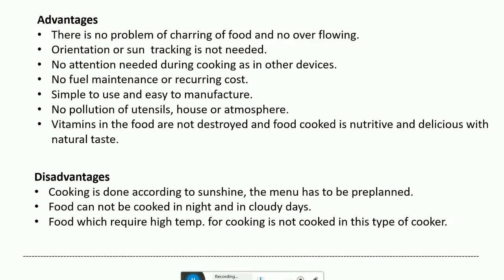Then cooking will be done fast. Layered food is cooked early, and the time required for cooking is inversely proportional to the collector area, so that the maximum amount of solar radiation is absorbed by the reflector and cooking will be done fast.